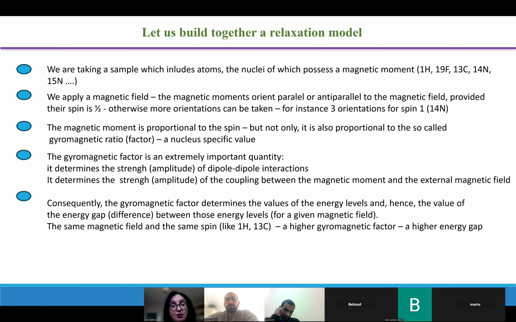Then, what is the point? The energy difference between those two energy levels can be expressed in hertz. Why? Well, at this moment, I can ask you what are the energy units. Yeah?